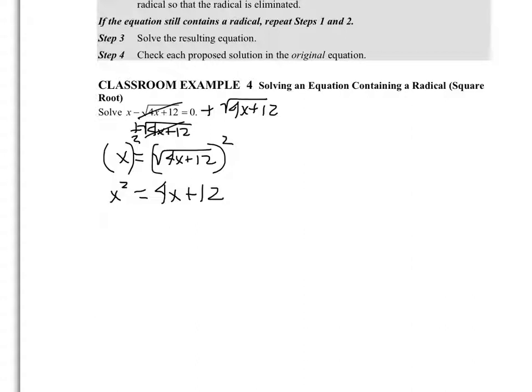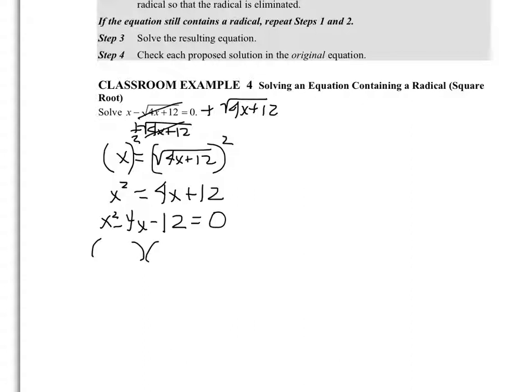Now, when I see what I have left, I have a quadratic equation because there's an x squared. It's not going away, so that tells me I need to get everything on one side and set it equal to 0 to solve. So let's subtract the 4x and subtract 12, and we will have x squared minus 4x minus 12 on the left, and that will equal 0 on the right because everything would cancel. Let's see if we can factor this using the zero factor property.